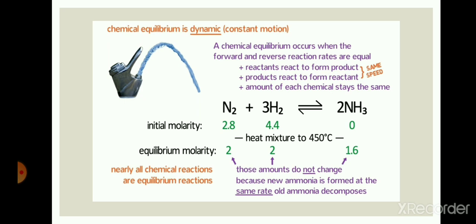I'm going to erase the words so that we can focus on the two equal rate laws. Now what I want to do is put all the variables on one side and the constants on the other. So let's see what happens.